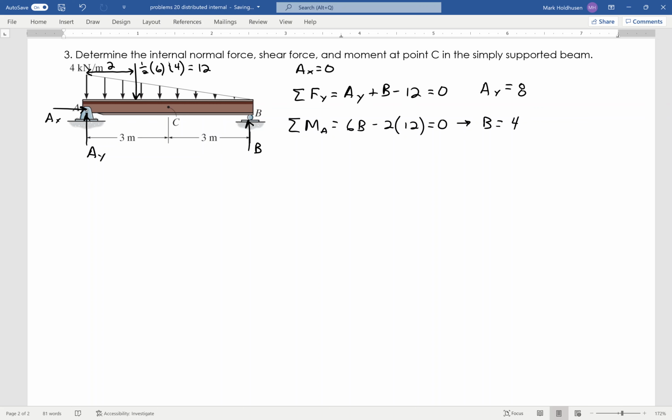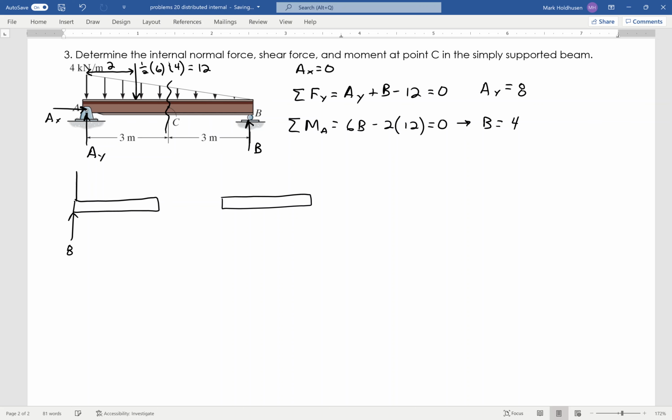Now that I have those reactions, I can make my cut just like I did with the method of sections on a truss problem. I can break this up into 2 pieces, as shown here. On the left piece, I have AY acting, that's 8.